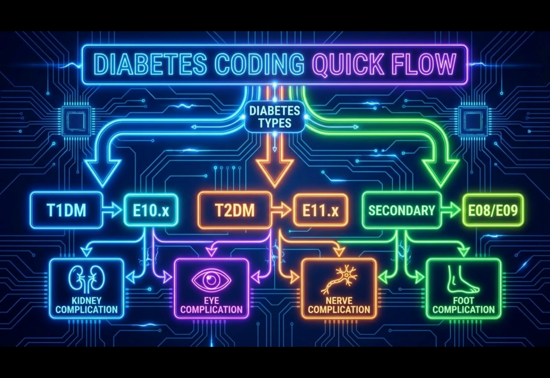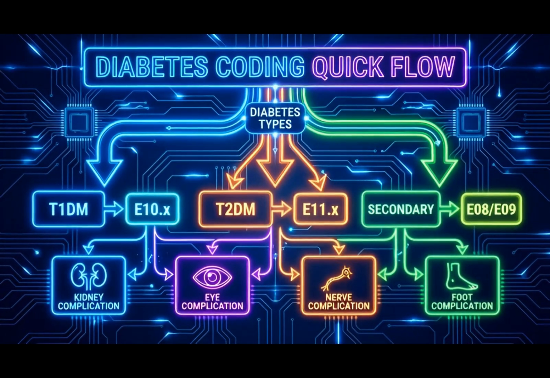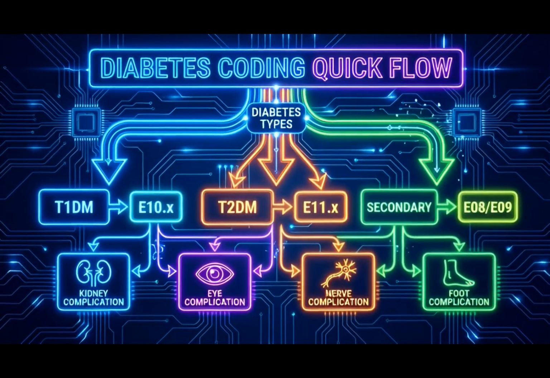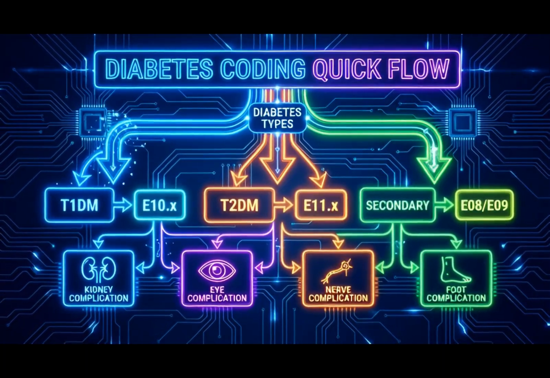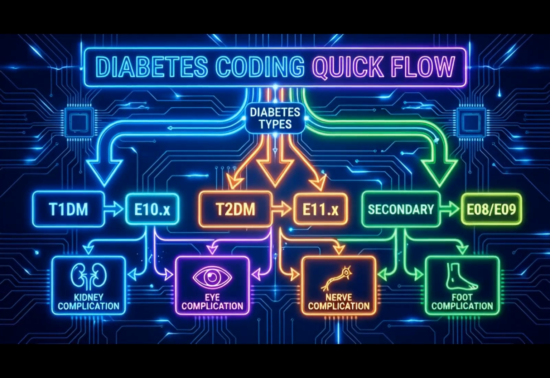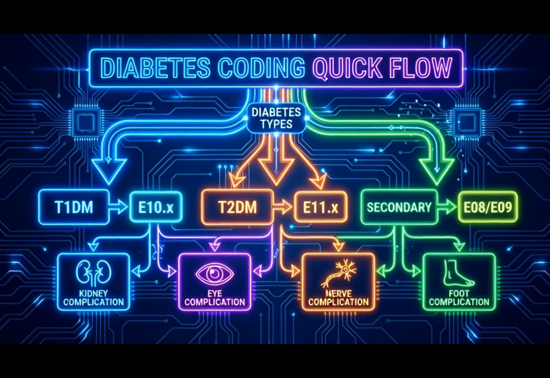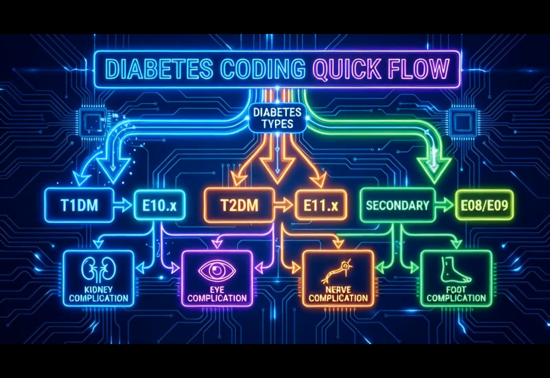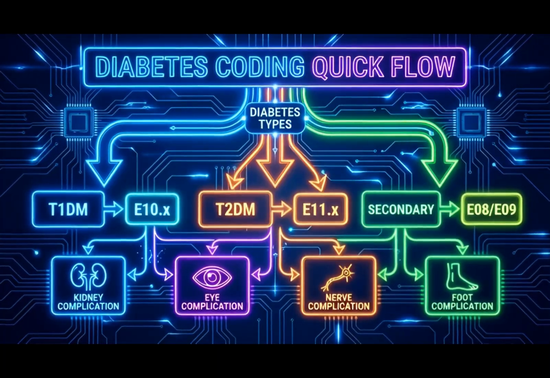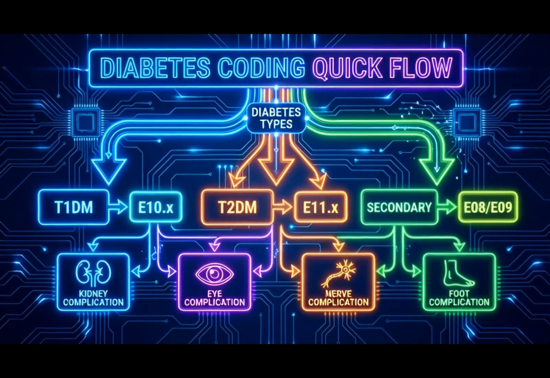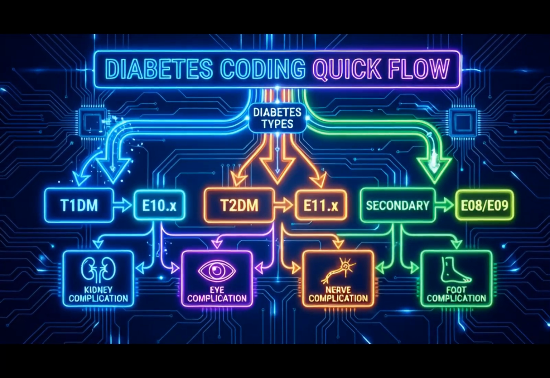Diabetes coding quick flow. Start with identifying the type of diabetes. For type 1 diabetes, assign E10.X. For type 2 diabetes, assign E11.X. And for secondary diabetes, use E08 or E09 depending on the underlying cause.